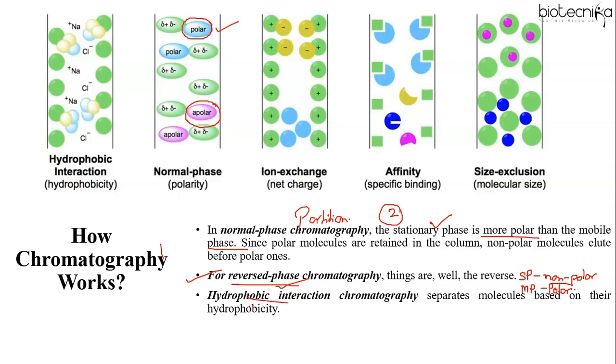So hydrophobic interaction chromatography separates molecules based on hydrophobicity. The most widely used supports are hydrophilic carbohydrates such as cross-linked agarose and synthetic copolymer materials, and the hydrophobic groups like phenyl, butyl, octyl, ether or isopropyl, etc. are attached to the stationary column.